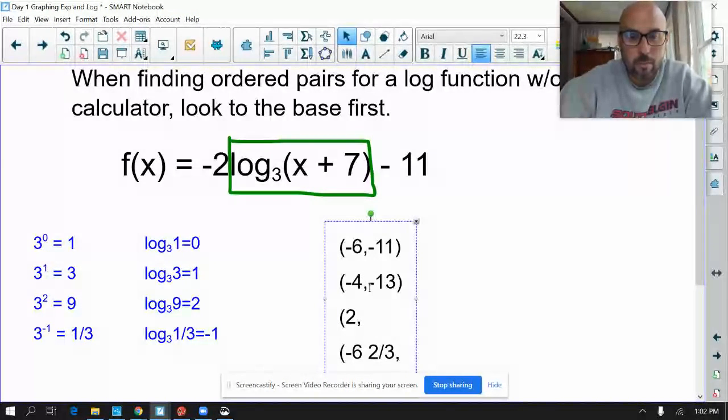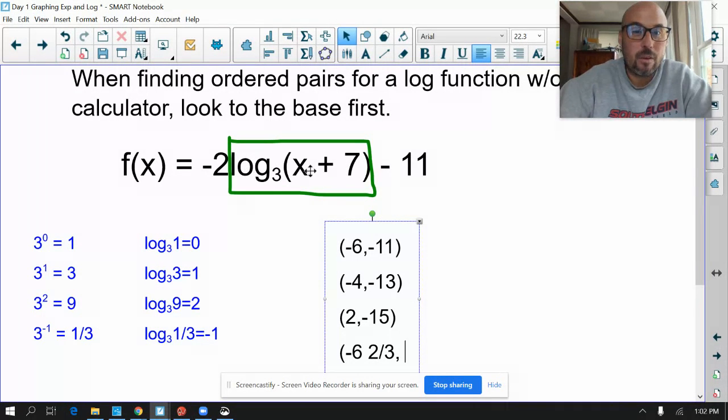So you got another ordered pair. We can get 2 more. When x is 2, this is 2 plus 7, which is 9. And log base 3 of 9 is 2. So now this is -2 times 2 minus 11. So that's -4 minus 11, which is -15. And then the most difficult one would be to come up with -6 and 2/3, because -6 and 2/3 plus 7 is a third.